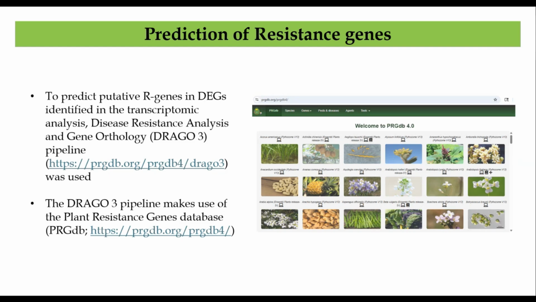To predict that, we use the disease resistance analysis and gene ontology pipeline, which is called DRAGO, in the plant resistance gene database. This is an interface of the database. These databases predict the resistance genes based on their domain architecture, more specifically, based on the disease resistance genes' domain architecture.